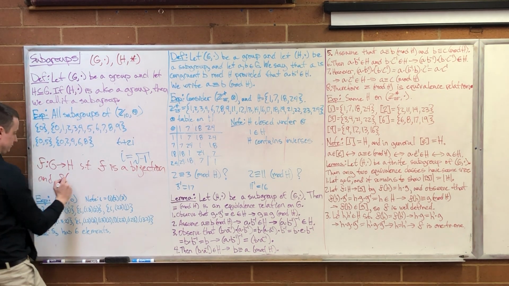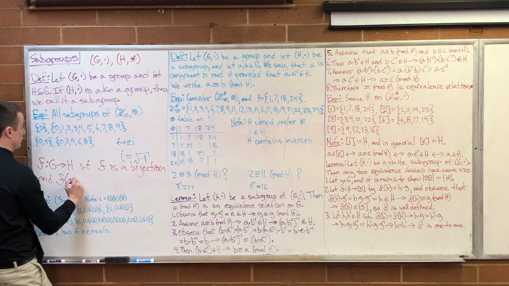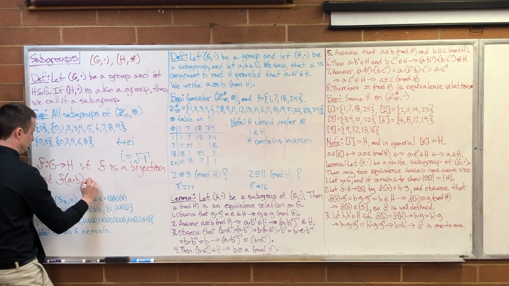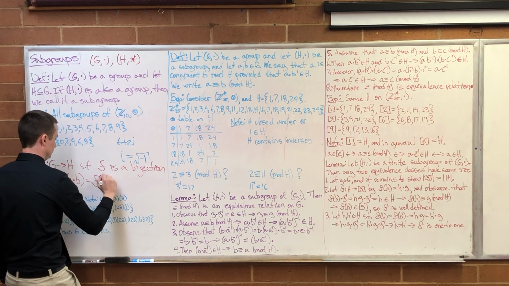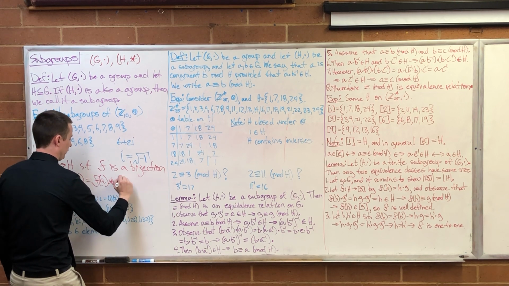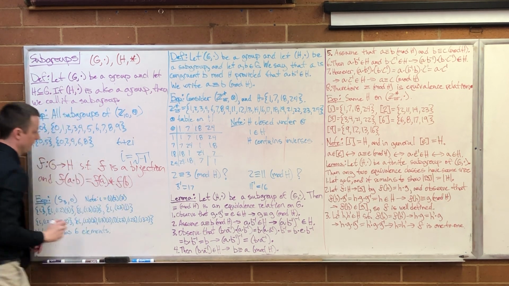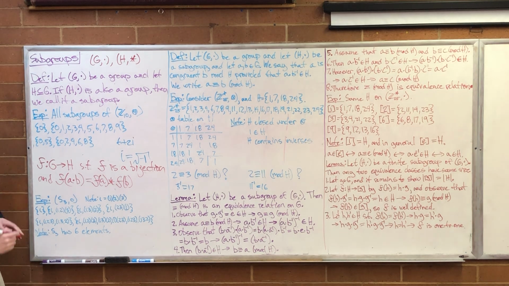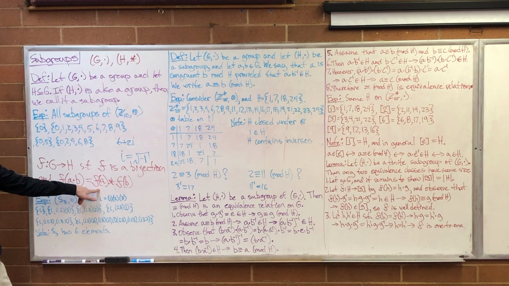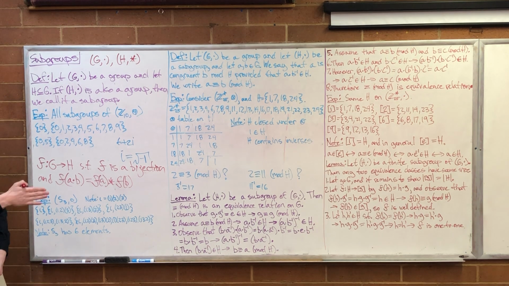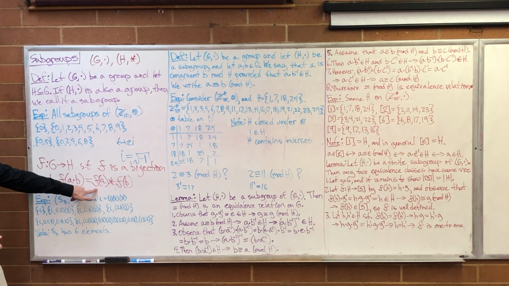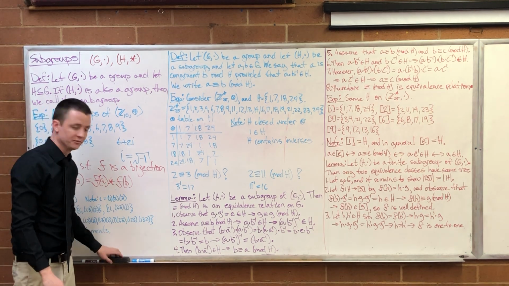F of A dot B is equal to F of A star F of B. Perfect. That is exactly right. So it's a bijection that preserves the group structure. Same way that a homeomorphism is a bijection that preserves continuity. This is a bijection that preserves the operation.